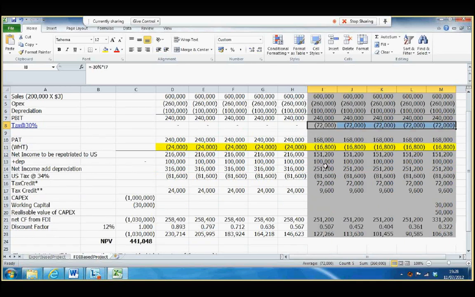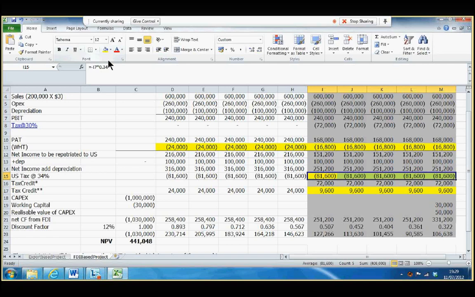But if we see here, this amount which was paid, which is 16,800, is not given as credit in full. It is only 9,600. Yeah, the reason for that is because the total tax credit given by US will be limited to the tax amount based on US tax rate, which is 81,600.